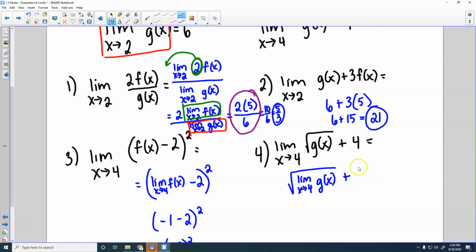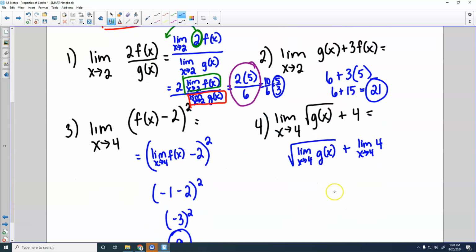I'm going to write it this way. I could write this as the limit as x approaches 4 of 4 if I want. But there's no variable right there. That's just a constant value, so it's just going to be 4. They tell us here this limit is 9. So I've got the square root of 9 plus 4. That's going to be 3 plus 4, and I will get 7 for that.